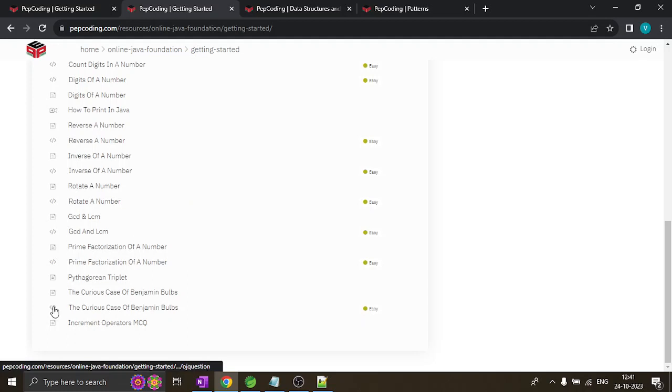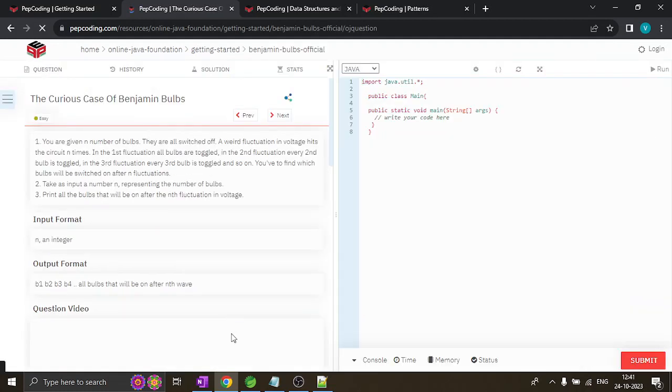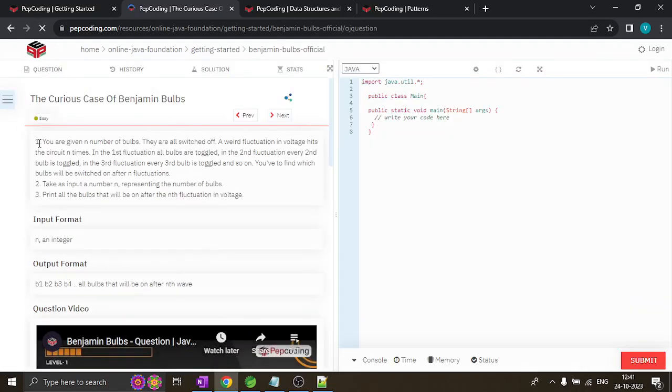Okay, the curious case of Benjamin bulbs. You are given n number of bulbs. They are all switched off. A weird fluctuation in voltage hits the circuit n times. The first fluctuation, all the bulbs are toggled. In the second fluctuation, every second bulb is toggled.